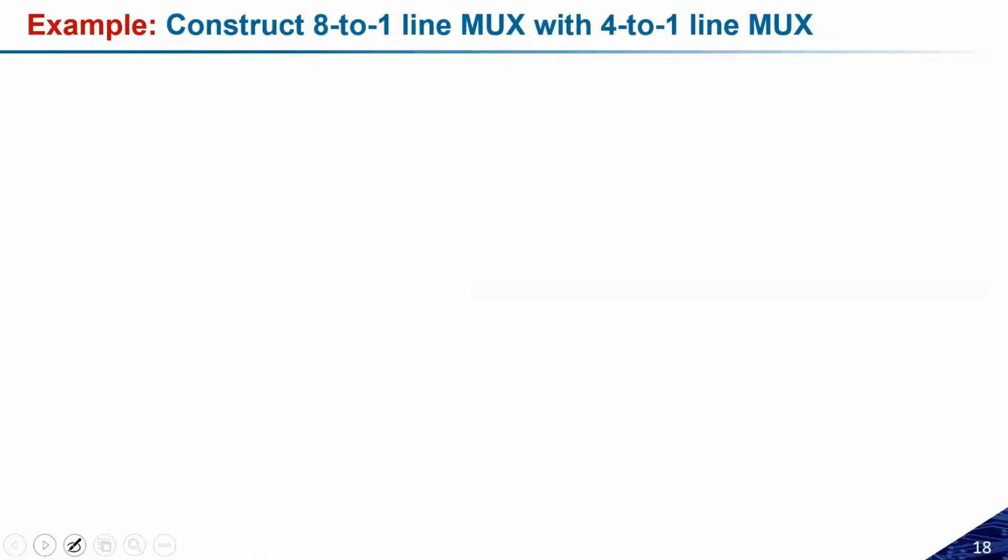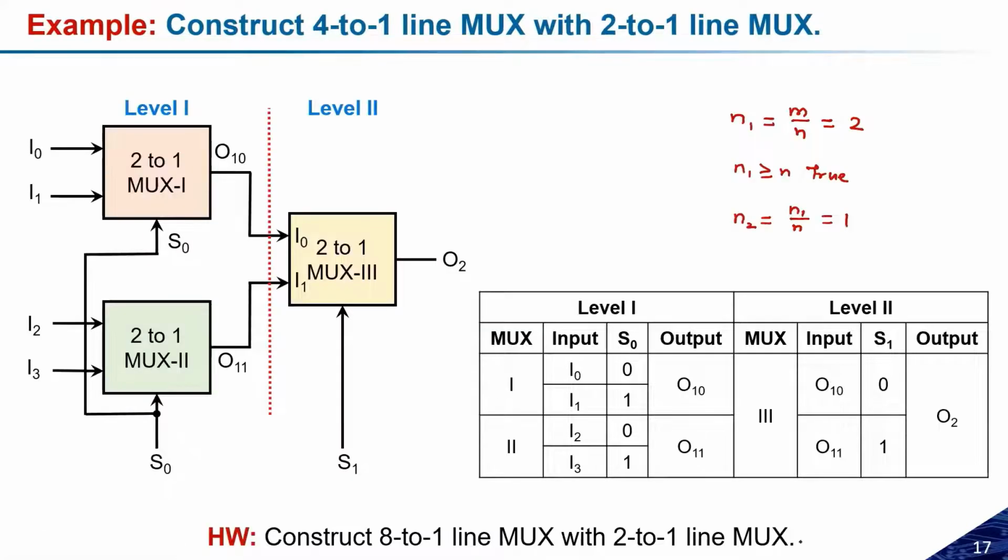Now let us see one tricky question. If you can go to the previous slide. Here the homework was to construct an 8:1 mux with the help of 2:1 mux. This is absolutely correct.